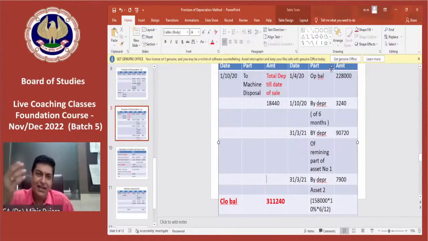And then into 10 percentage because we need full year depreciation. So you will get the opening balance of 1st April 20. And on this into 10 percentage, that is 90720 because it is a WDV. I hope now it is clear.